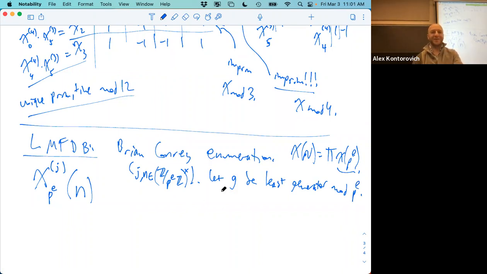Right. Okay, so you try a couple of those. Once you find it, that universally determines which g we're going to work with. It's a choice. It's not a canonical choice. Then j is g to some power, let's say a, and n is g to some power b. So the value of this character will be e to the 2 pi i a times b over phi of p to the e.